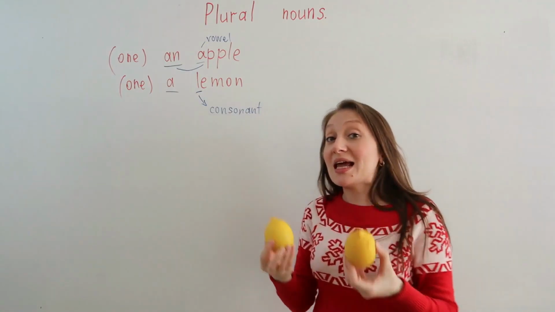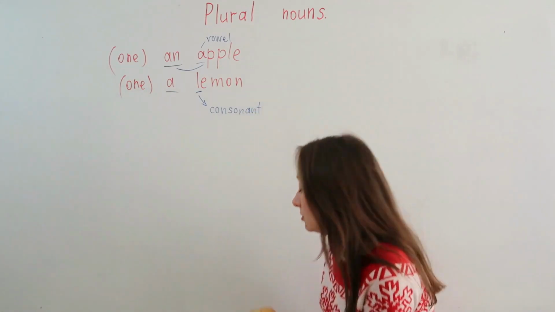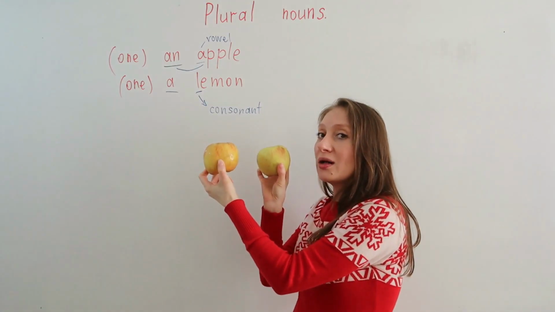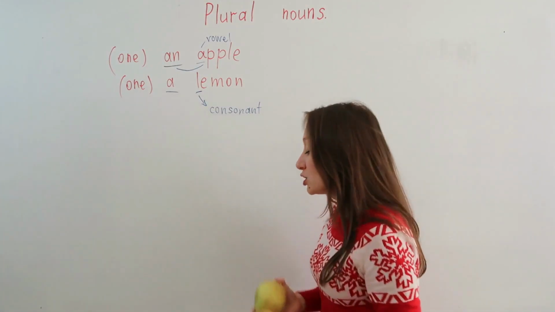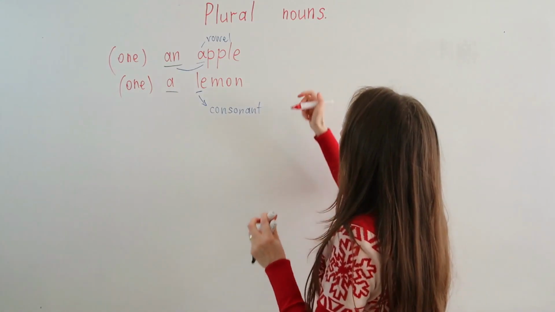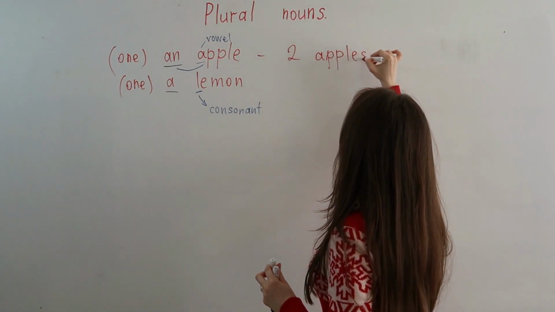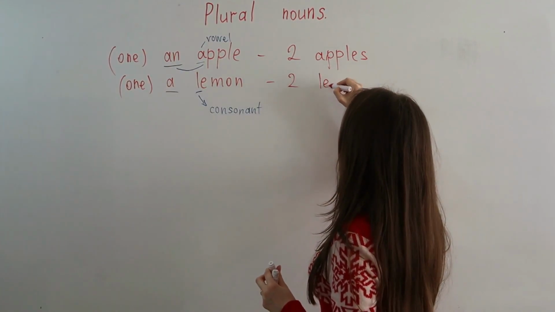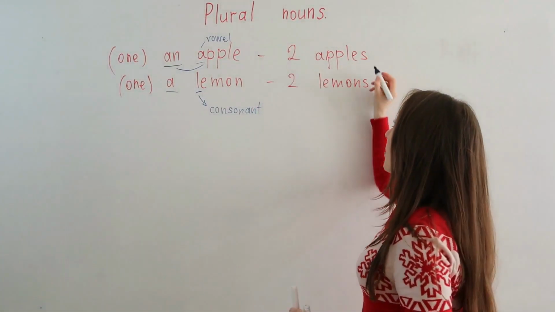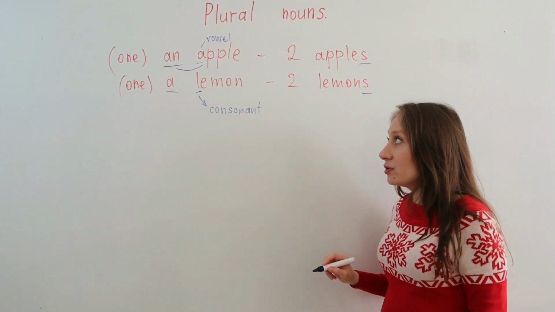We say lemons. Or we have an apple and we have not one but more than one apple. Two apples. So how should we write it? For example, two apples and two lemons. So the basic rule for plural form, we add s at the end of the nouns, right?